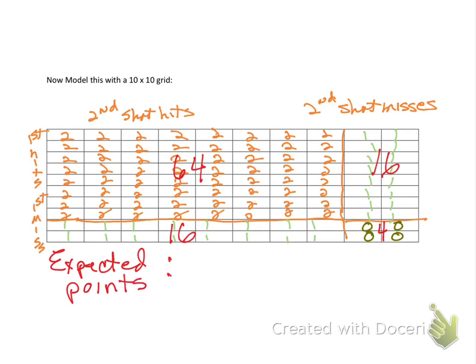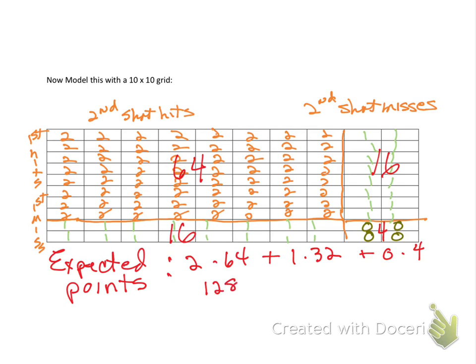So it's going to be 2 points she will get 64 times, plus 1 point she's going to get 16 plus 16, so that's 32 times. And then she's going to get 0 points 4 times. So 2 times 64 is 128.